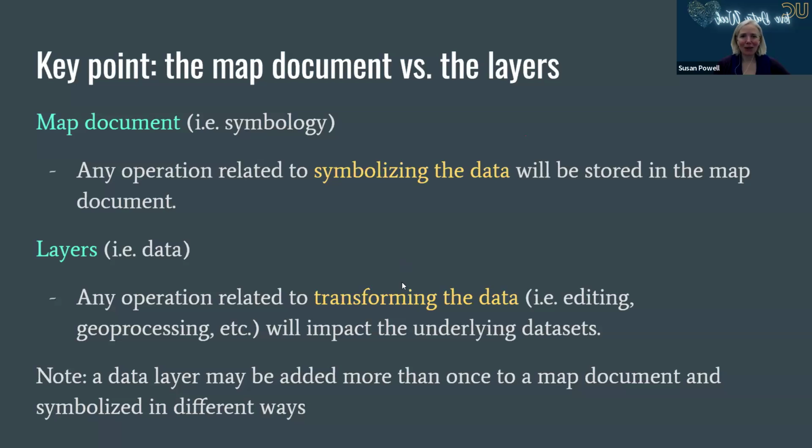So one key point that I want to emphasize, because this trips up a lot of people, is that there's often a distinction between the map document versus the data that's within it. The map document is really about how that data is styled and symbolized.